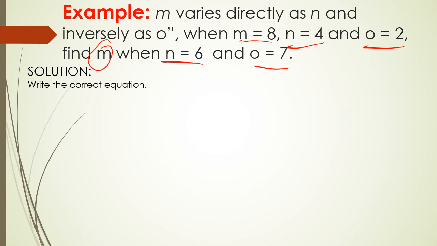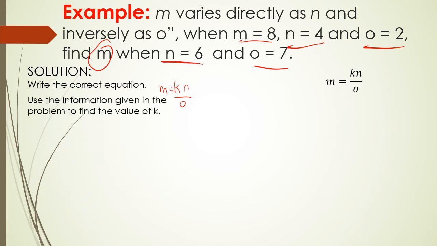M varies directly as N. So para lang siyang direct, M varies directly as N and inversely as O. So tingnan natin kung tama. Tama naman. Next, use the information given in the problem to find the value of K. So pwede na natin ngayon gamitin yung mga information given.